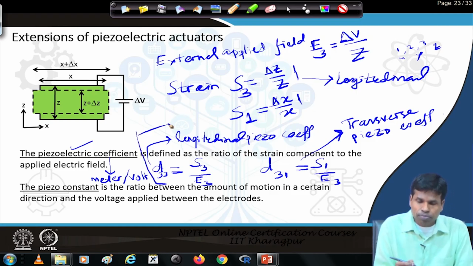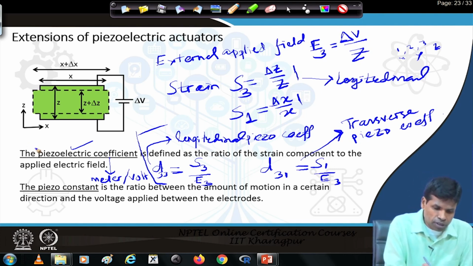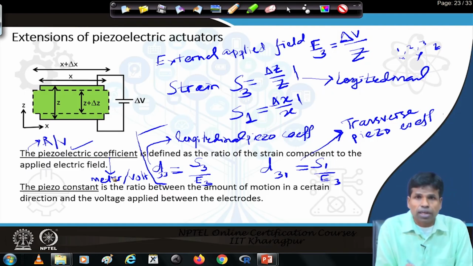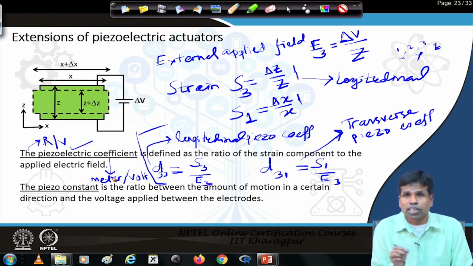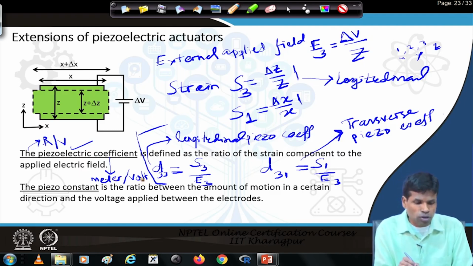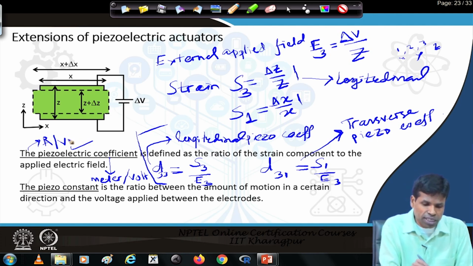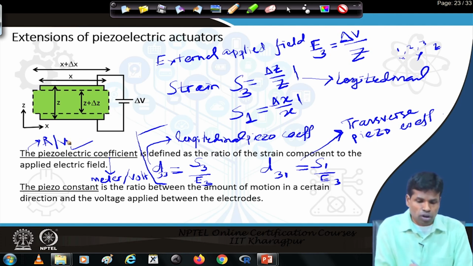In the STM, the piezoelectric coefficient will be in angstrom per volt. The change of length will be at the angstrom level, and the voltage will be in the millivolt region. So, it will be presented in the unit of angstrom per volt for the piezoelectric coefficient.